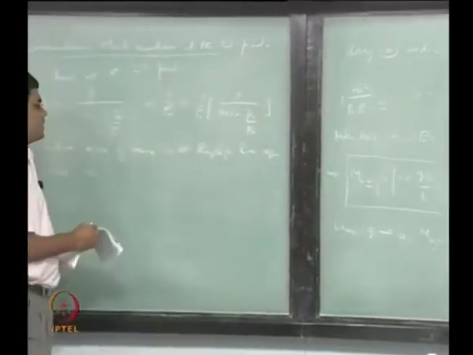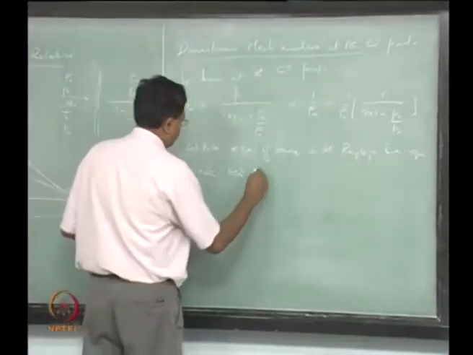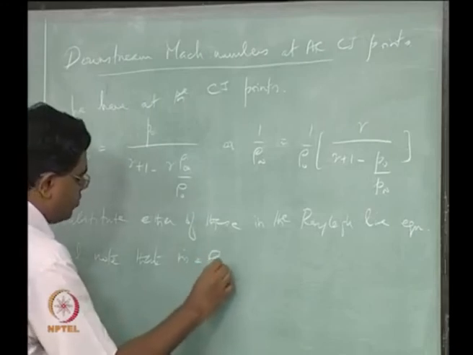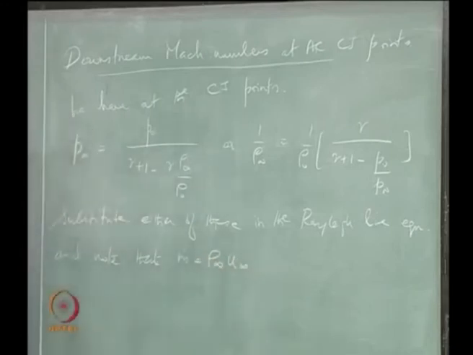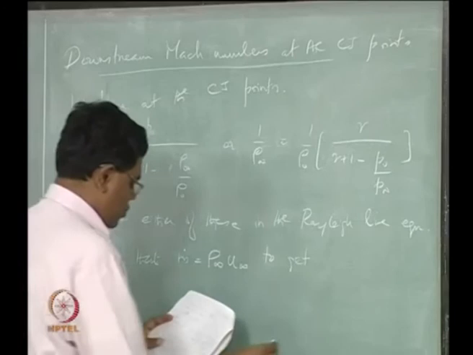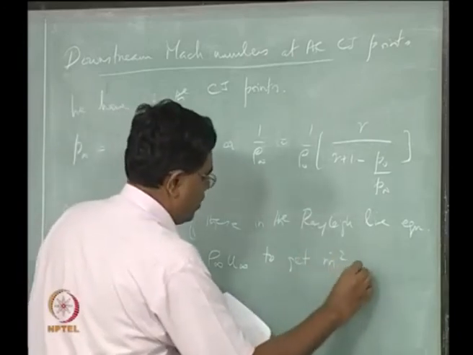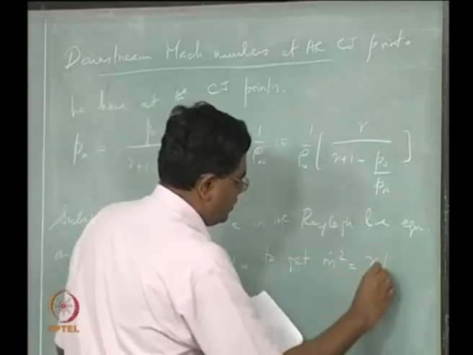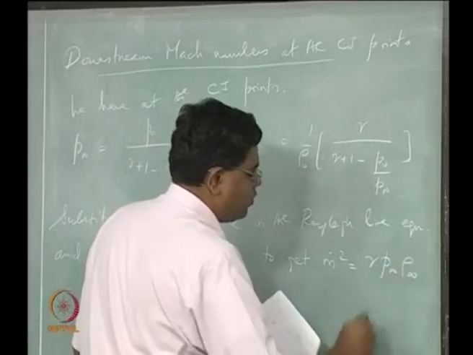So m dot is actually rho infinity u infinity. So note that m dot equals rho infinity u infinity, right. You should get, simply, m dot squared equals gamma P infinity rho infinity.